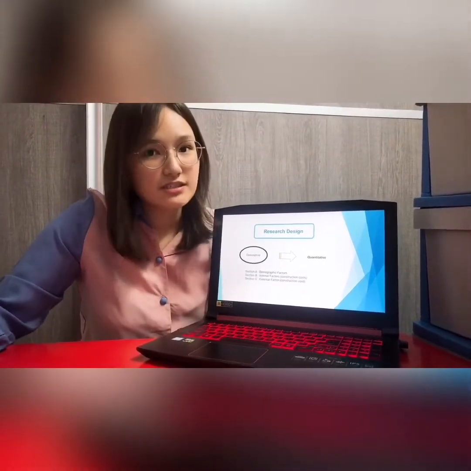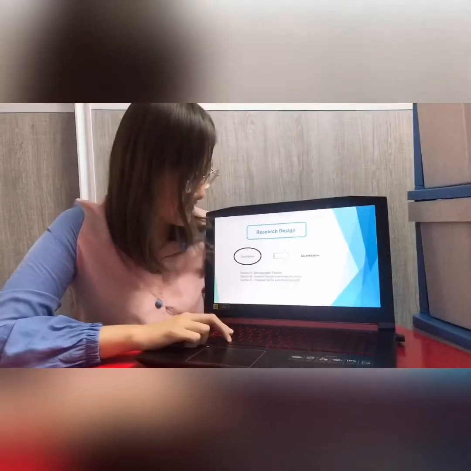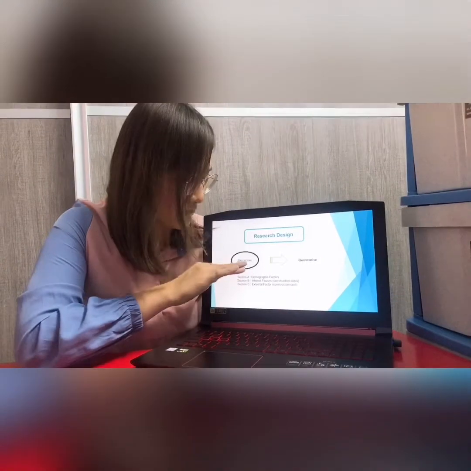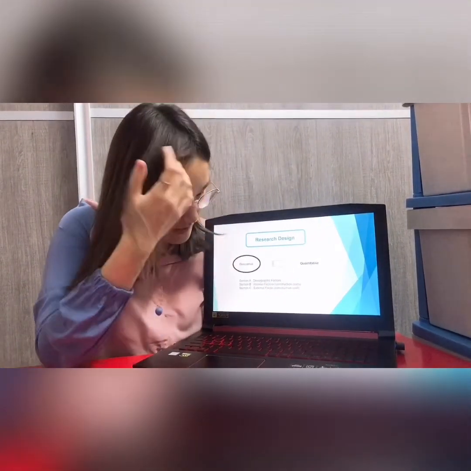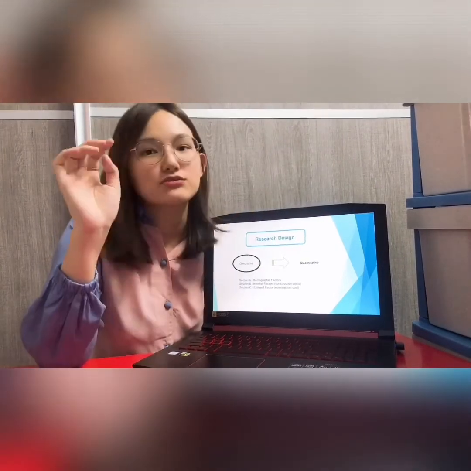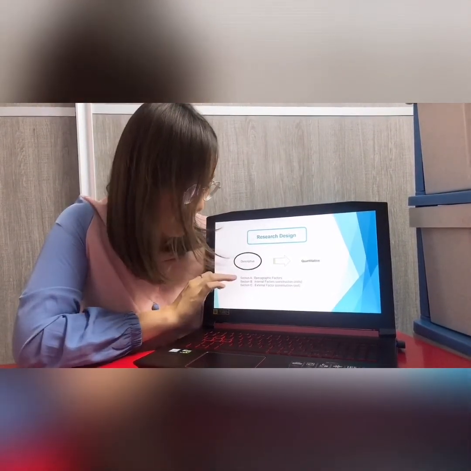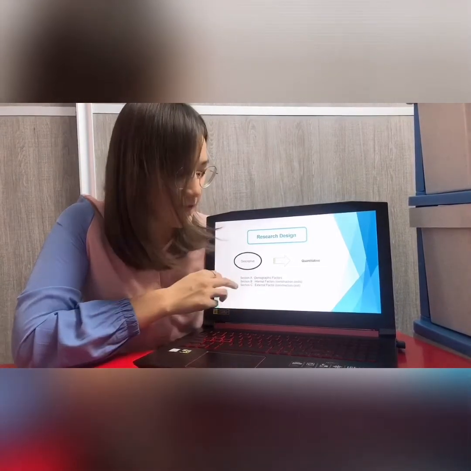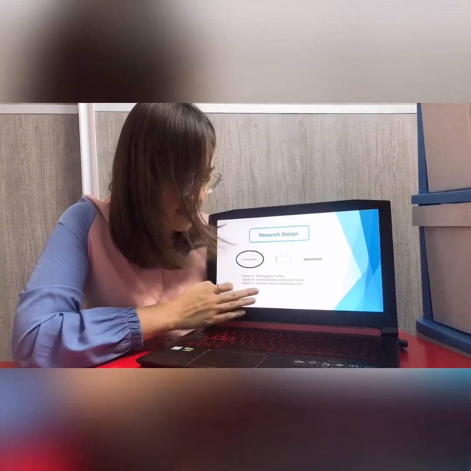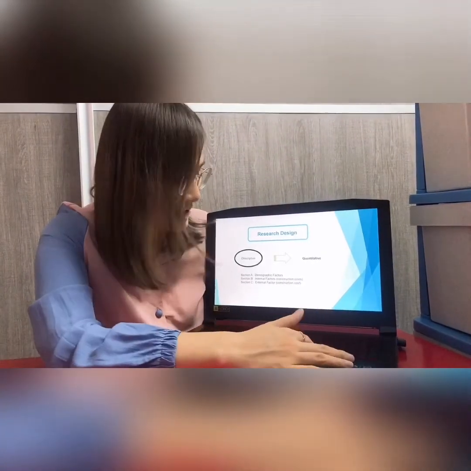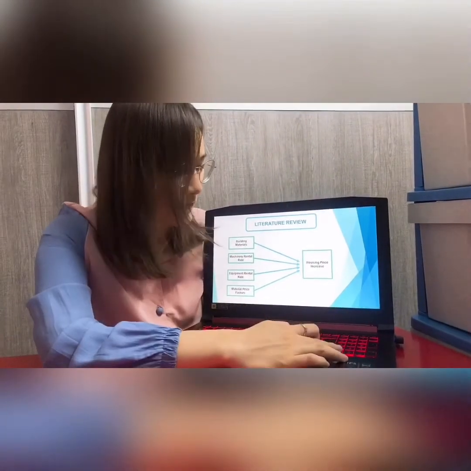So for the research design, we are using a descriptive design for the quantity surveyors, and the questionnaire is constructed in 3 sections. Section A is the demographic factor, section B is the internal factor related to the construction cost, and section C is the external factor, also related to the construction cost, which is the construction framework.